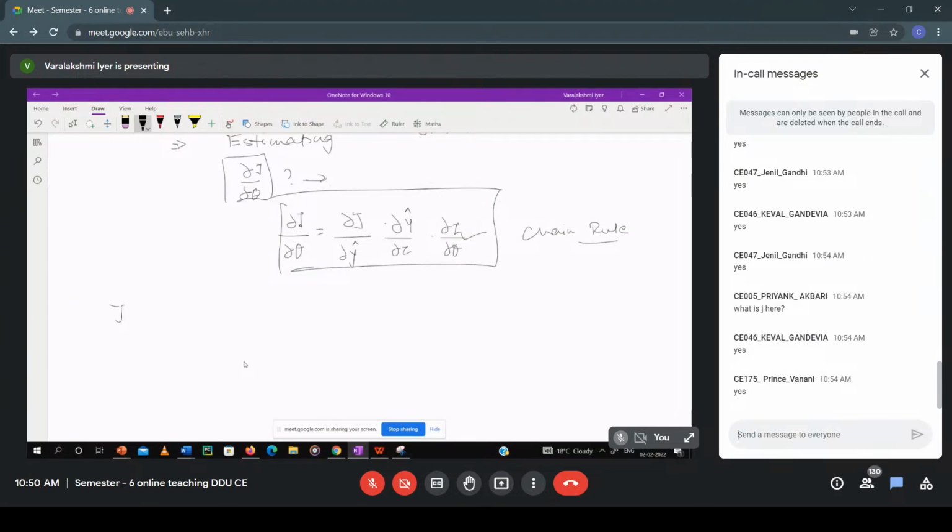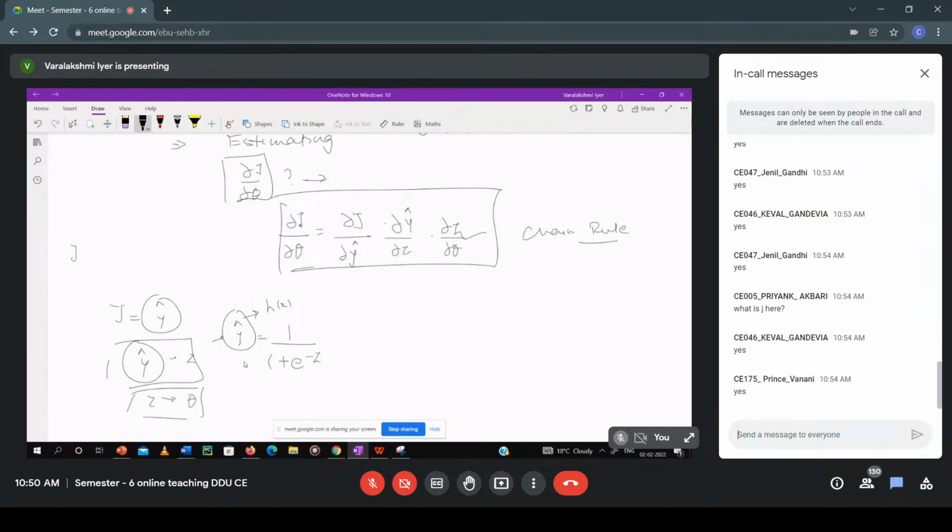If you recall, J actually changes based on y hat, y hat changes based on z, and z changes based on the values of theta. What is y hat? Y hat is equal to 1 upon 1 plus e raised to minus z. By y hat, I mean h of x.